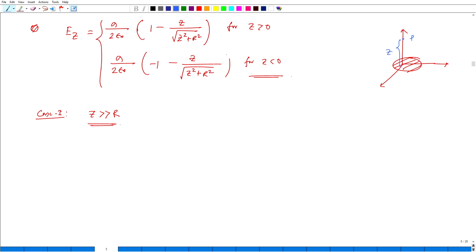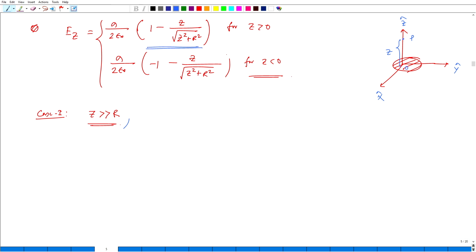This point P is above the plane or maybe below the plane, that depends on the sign of the z vector. This one is the x axis, y axis, and this one is z cap, x cap, y cap, and this is the origin.